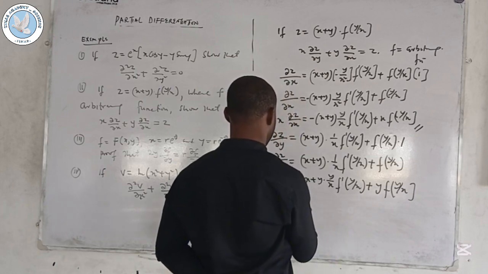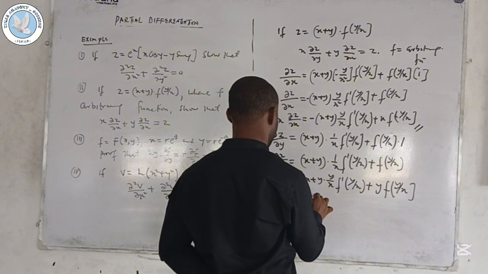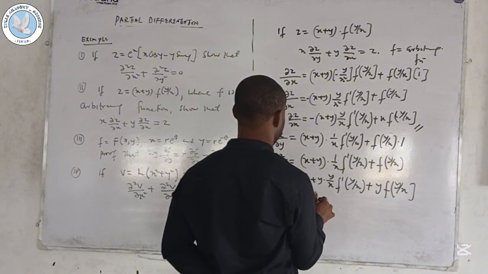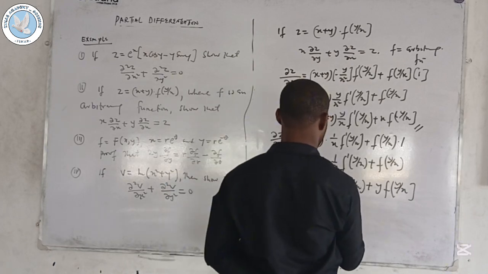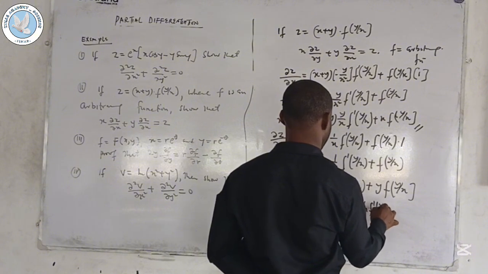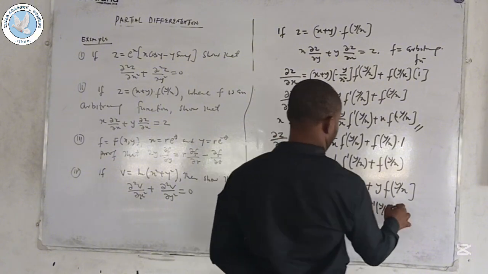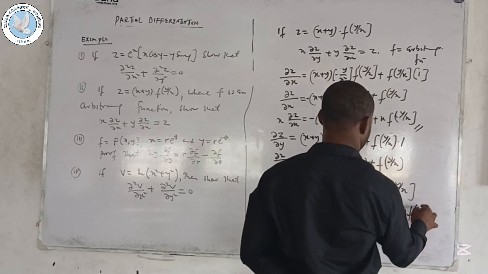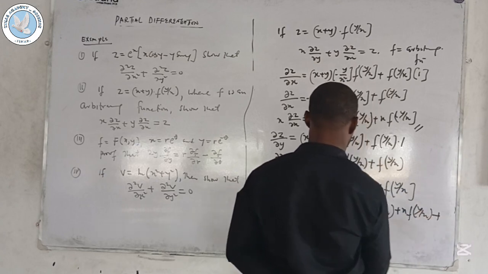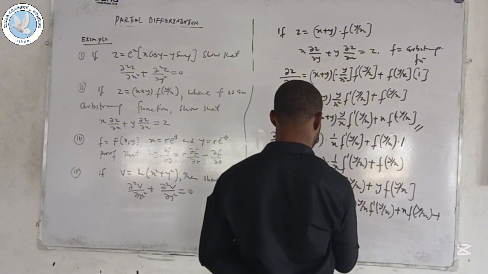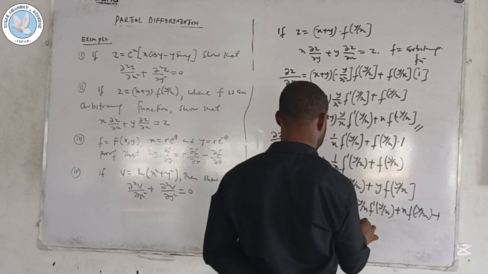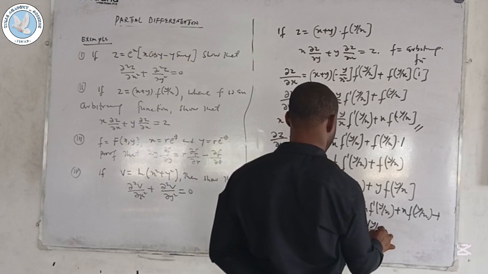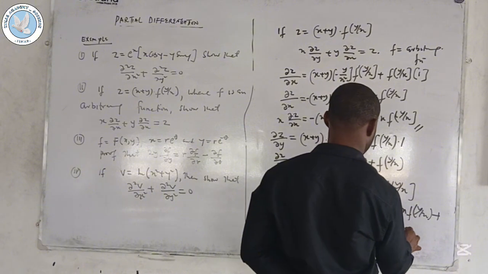So y, the x, the y plus x, the z, the x is actually this plus this. So this, this prime, plus this x, y, plus bracket this, y divided by this prime plus this.